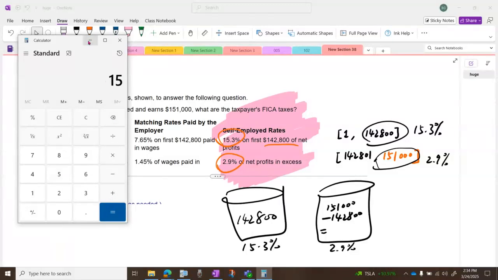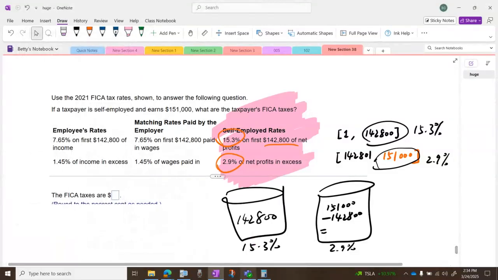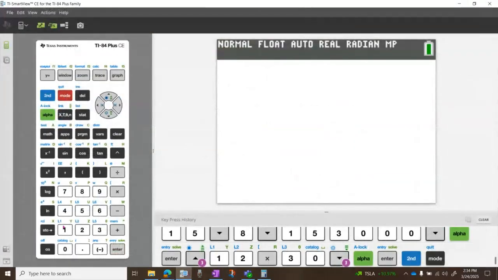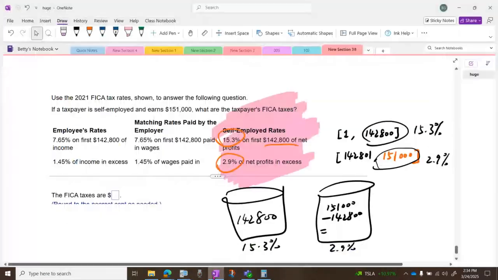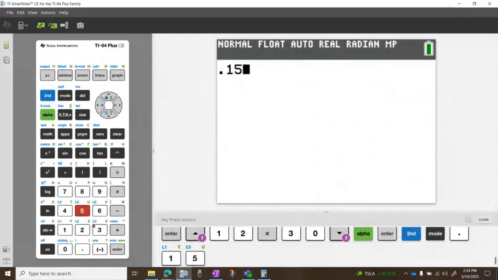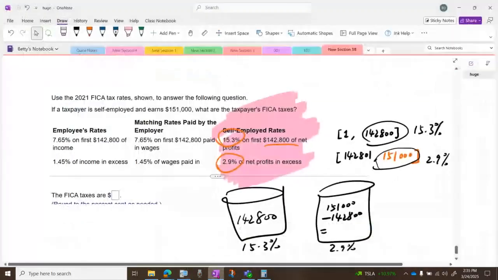I want to use the TI-84 calculator. The first rate is 15.3%, so 0.153 times the money in the first bucket, which is 142,800.